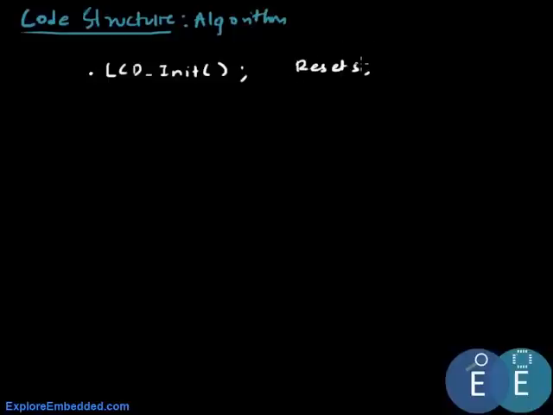Then it sets the function, so it sets it as a 16 cross 2 display, and it sets the data bus length as 8 bit, and then it selects the font size as 5 cross 8 as default. All this is done in the lcd init command.